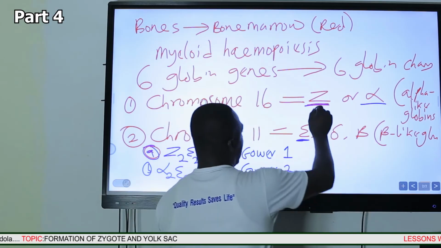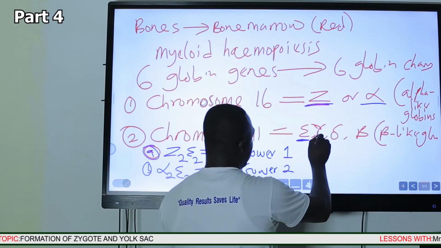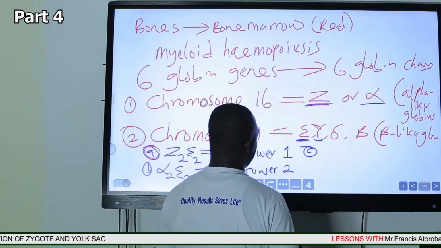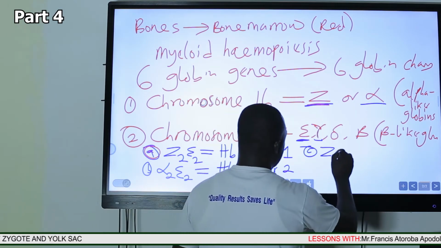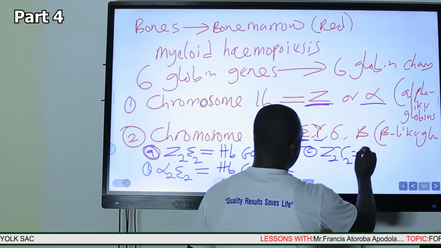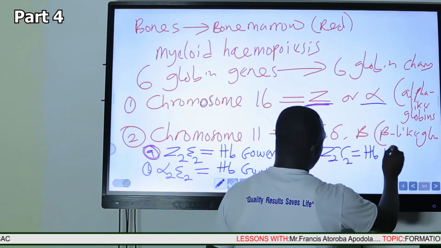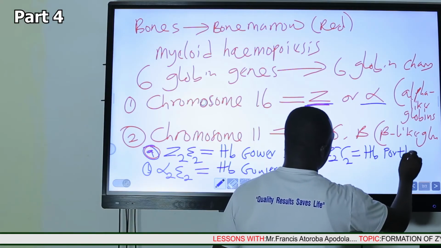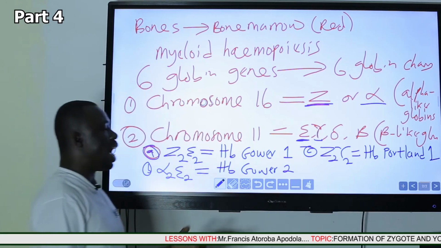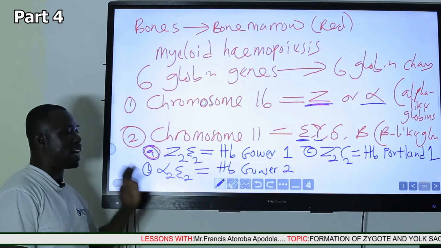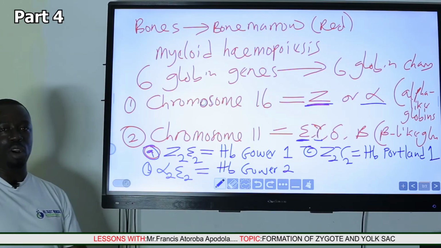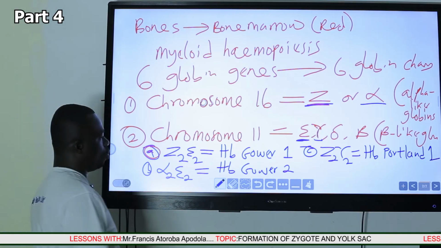Then we can have 2 zeta chains combining with 2 gamma chains, and this is called hemoglobin Portland 1. So these are the 3 major embryonic hemoglobins: hemoglobin Gower 1, Gower 2, and hemoglobin Portland 1.